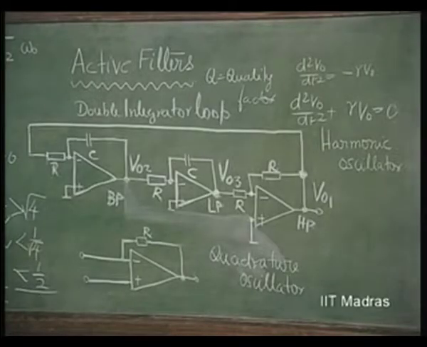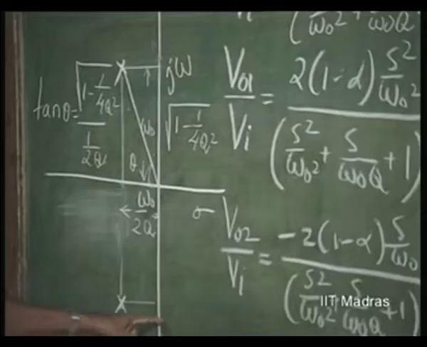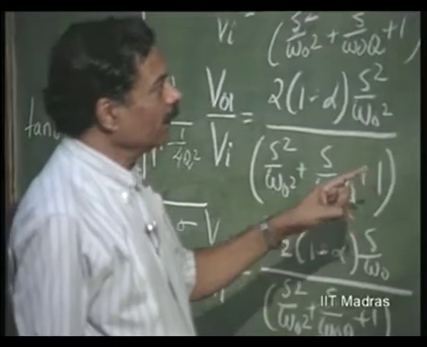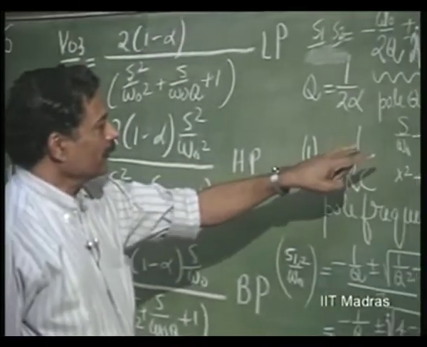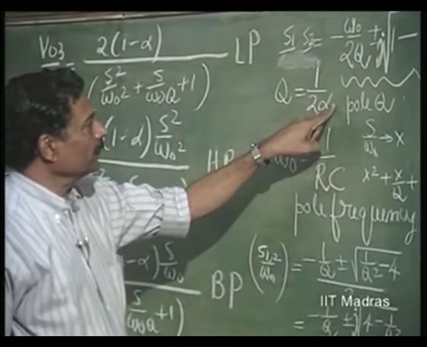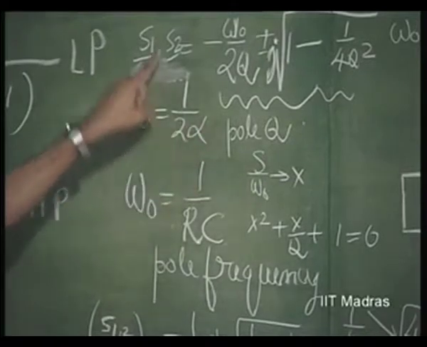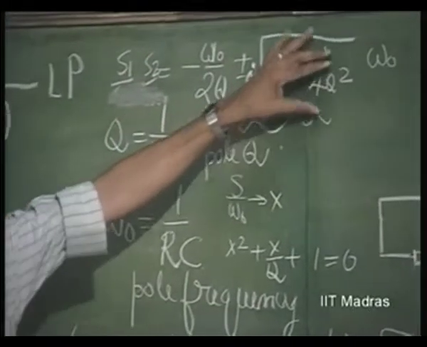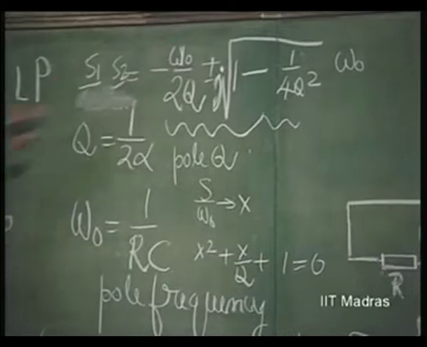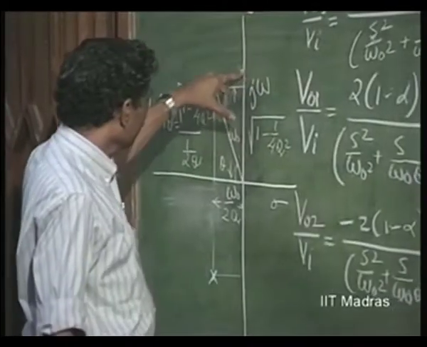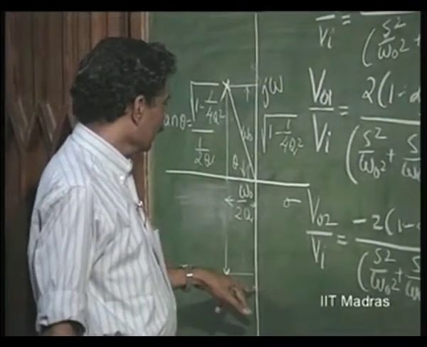The poles of the system should lie on the imaginary axis. That means there should not be alpha feedback, that is alpha should be 0, which means these two poles will now have q equal to infinity, which means that these are going to be simply located at omega naught and minus omega naught here.